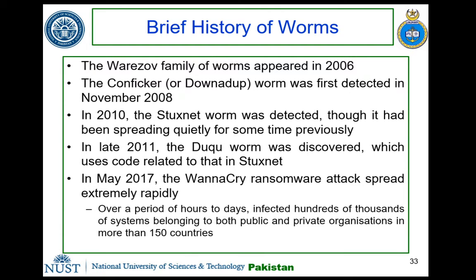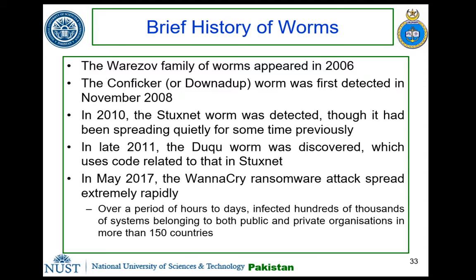The Warezov family of worms appeared in 2006. The Conficker worm, also known as Downadup, was first detected in November 2008. In 2010, the Stuxnet worm was detected, though it had been spreading quietly for some time previously.